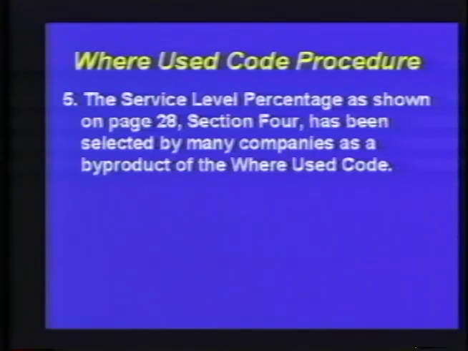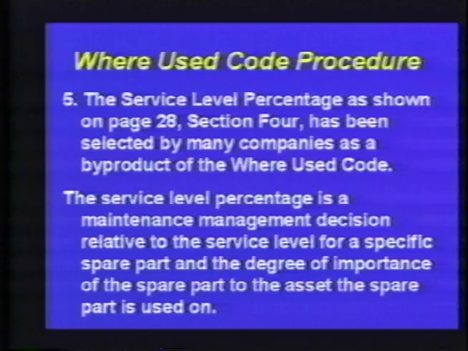The service level percentage is a maintenance management decision relative to the service, or what I called previously the fill rate, out of the storeroom. And remember, the higher the where used code, the higher the probability that there's going to be a stock out.